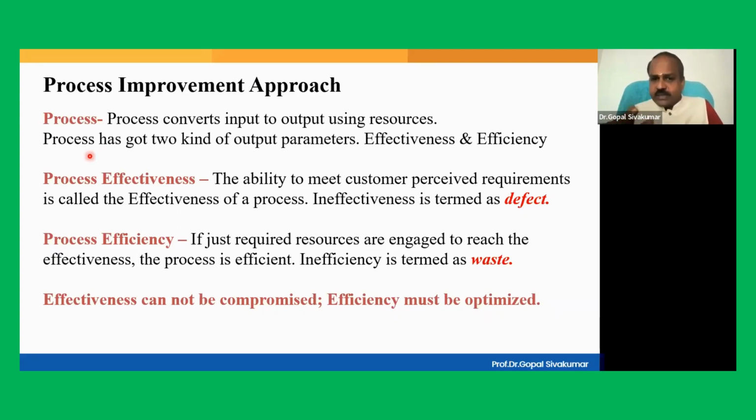You can measure the effectiveness of the process in any manner that you want. Right now, we understood one thing: 90%. This is called yield. Some companies measure the process effectiveness using metrics called CP and CPK. Some companies use DPMO, some use PPM.